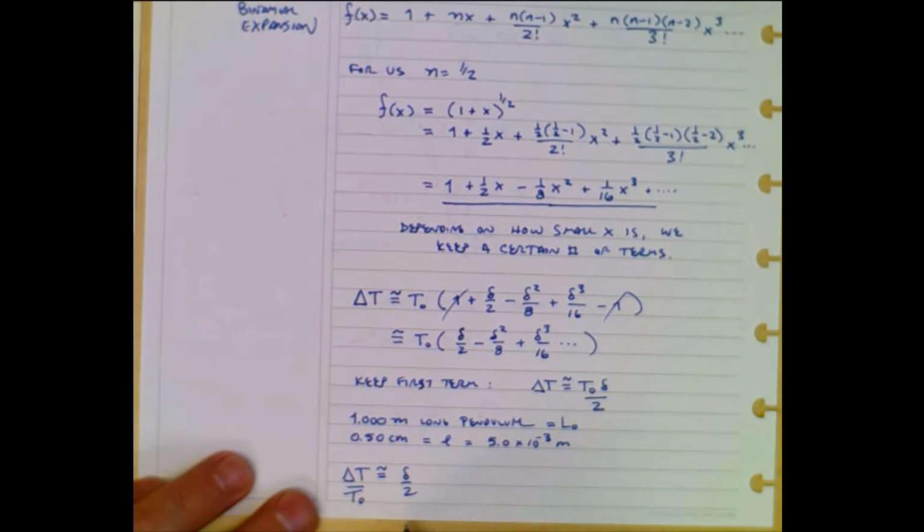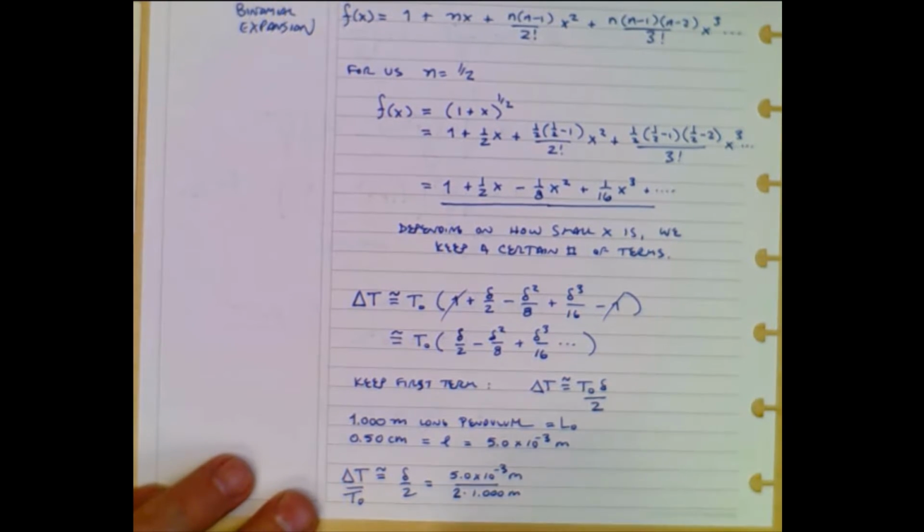and delta is 5.0 times 10 to the minus 3 meters divided by 1.000 meters, right? So this would be 1/2 times 5 times 10 to the minus 3 meters divided by 1 meter.